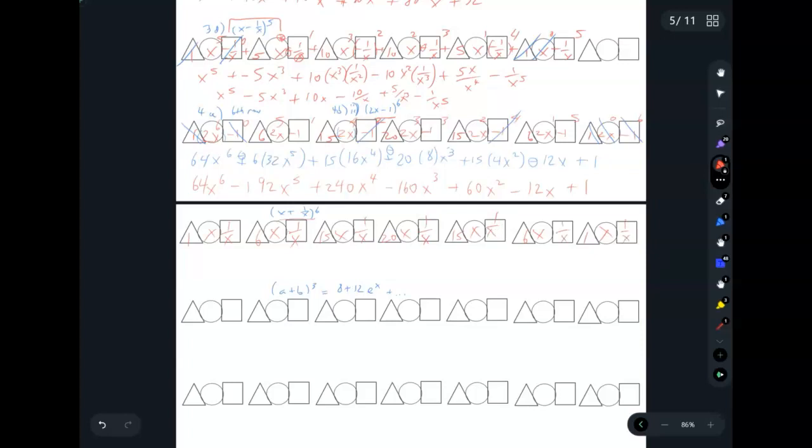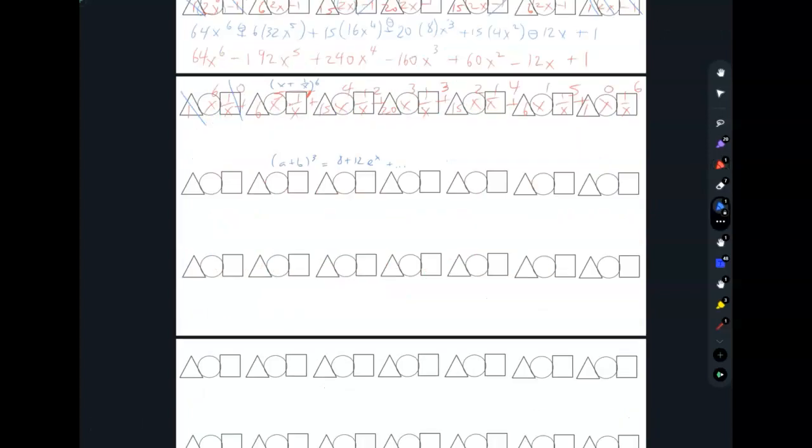And then I put the exponents. So starting with 6 and working my way down to 0. And then starting with 0 and working my way up. And then put plus signs in between. I always forget to do that. Okay, and then I start crossing out things that are just 1.